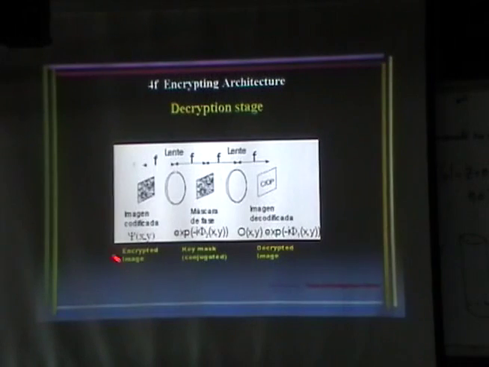In the decryption stage, you have your image codified, encrypted. You travel back into your system a first Fourier transform that arrives onto, but take attention at this point, the conjugate version of the key mask.